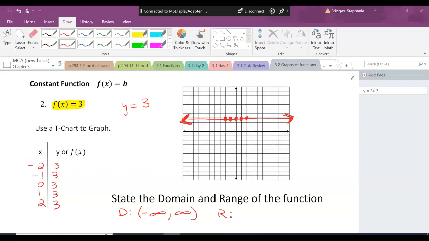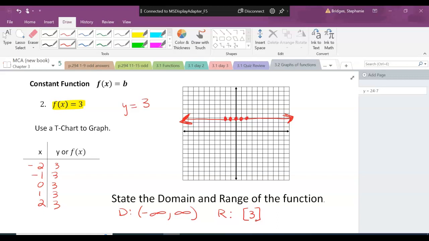So the way we're going to write that is just using brackets, okay, because it's equal to 3, like that. Kind of okay so far?